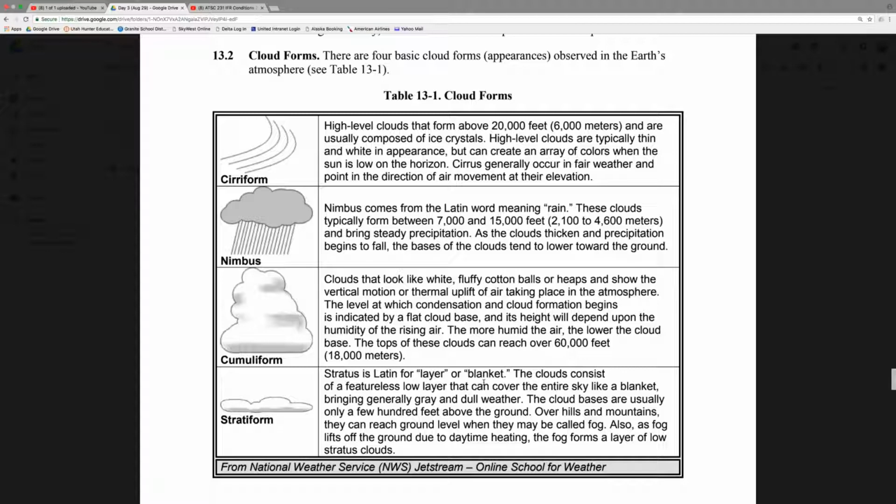As the clouds thicken, the precipitation begins to fall, and the base of the cloud tends to lower to the ground. So nimbus, like it says, means rain. We can have a cumulonimbus, we can have a stratonimbus. The nimbus just means that the cloud type that you see is bearing rain, like it's going to rain, right?